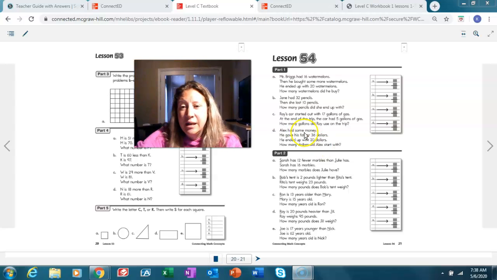Okay. And what did you put for your family? It gave you the start number? It gave you the end number. Did it give you the first small number? No. So we're solving for the first small number.